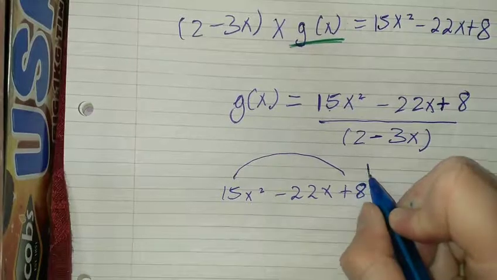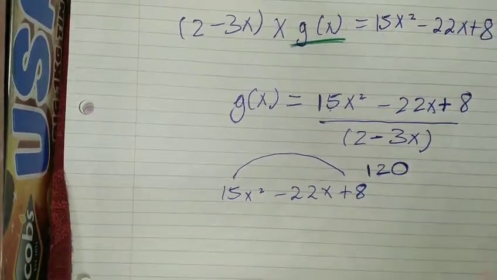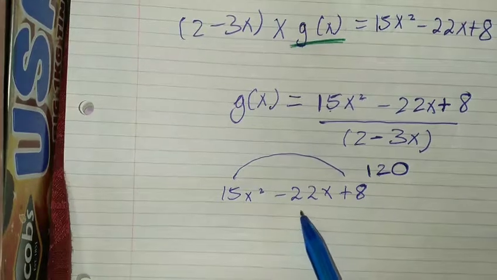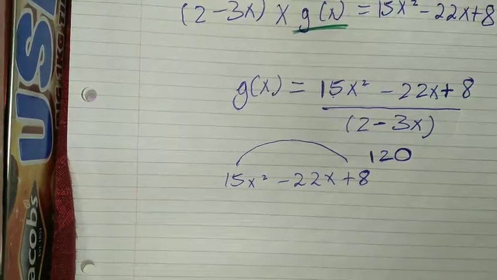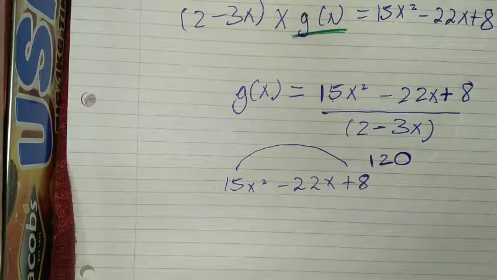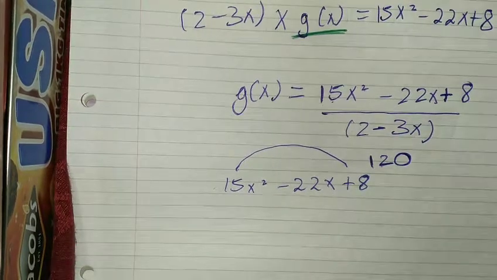So then we get 120. And then we look for the factors of 120 that could add to give 22.